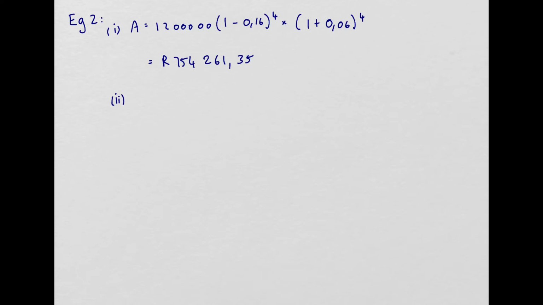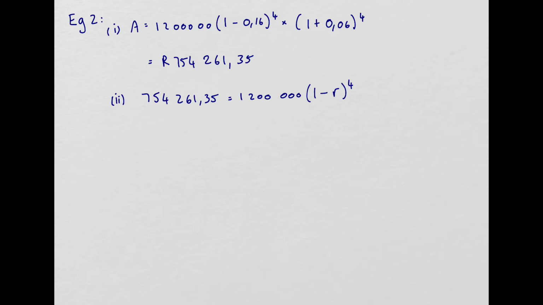We're going to start with our value of the truck in 4 years' time, which is 754,261 Rand and 35 cents. And we know that the present value, the principal amount, was 1,200,000. And we're using the reducing balance formula. So you can easily put this onto your calculator now.